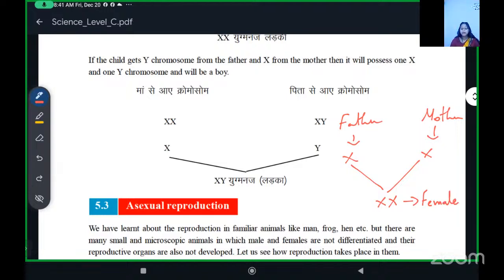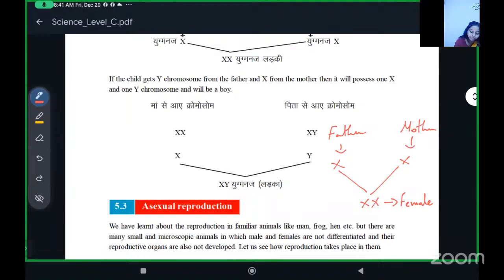But if from the father's XY pair the Y chromosome comes, and from the mother an X chromosome comes, then it becomes XY, and the male, the boy, is born.